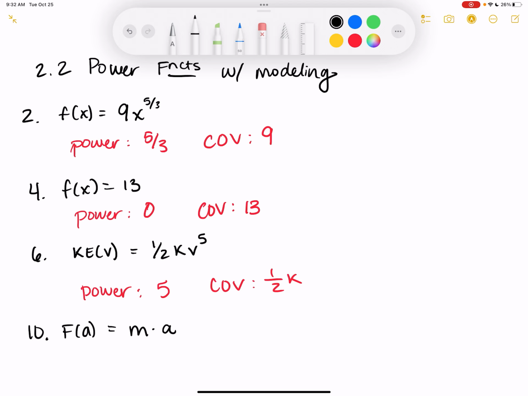In all of the cases when we've had a variable, it's been given to you inside the parentheses. So in this case a is our variable, implying that m is going to be a constant. So what is the power and constant of variation? M.